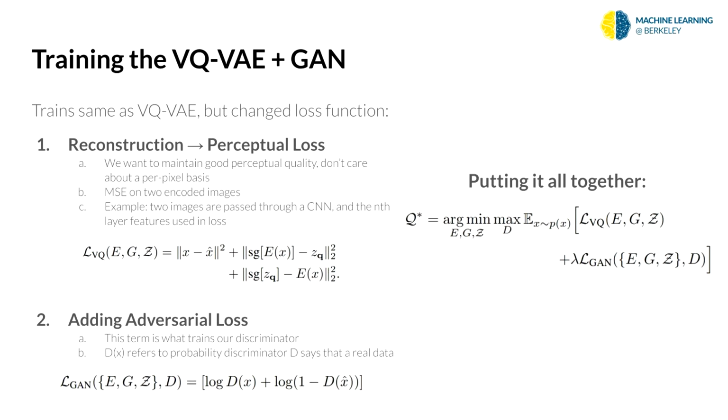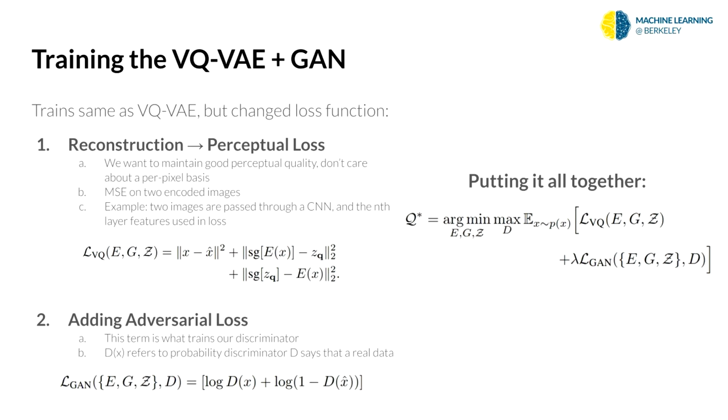We want to maintain good perceptual quality, and we don't really care about a per pixel basis like the other paper did. It is essentially mean squared error on 2 encoded images. If you remember, in the original VQ VAE we used a log probability loss, but now it's a mean squared error loss on 2 encoded images.